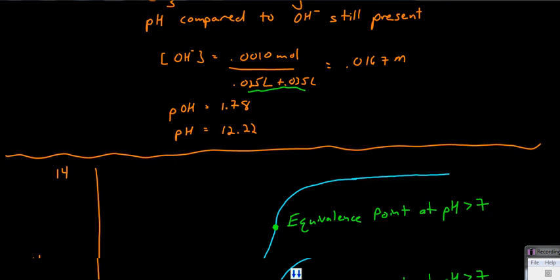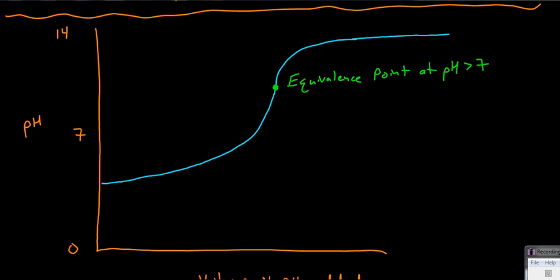Okay, so we can see that for this weak acid, strong base titration, initially we have an acidic solution. It's not particularly acidic, being that it's just a weak acid that we have. And as we add strong base, the solution becomes less and less acidic, or more and more basic. It approaches 7, but goes beyond that before we reach this inflection point, the equivalence point.